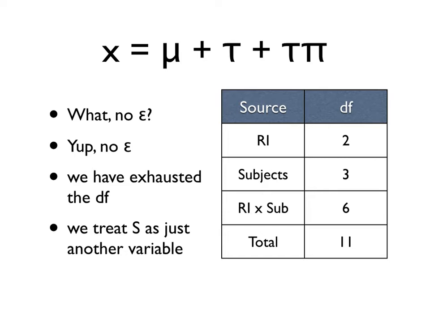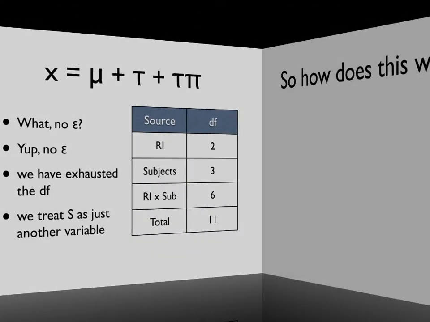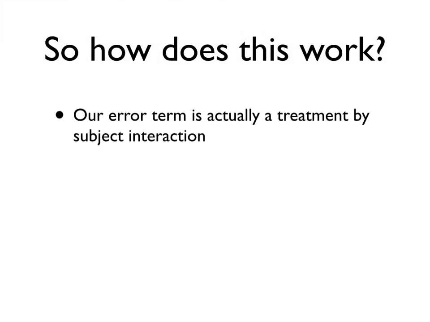Yeah, I know it looks weird to not have epsilon in the end. But we don't have anything left we haven't explained. We've now explained all the variance. Epsilon is unexplained variance. We don't have any of that. Explained everything. So how does this work? I mean, it's different, right?